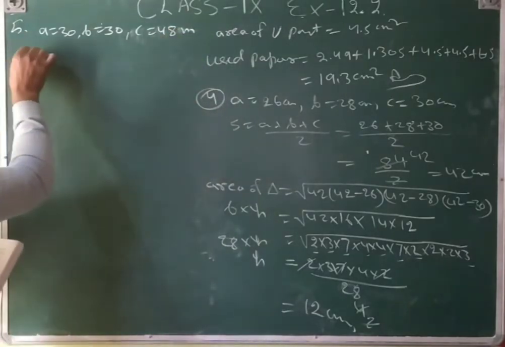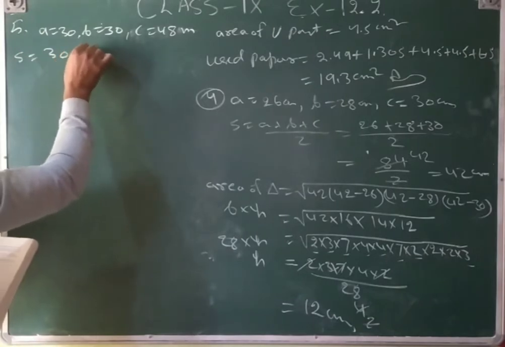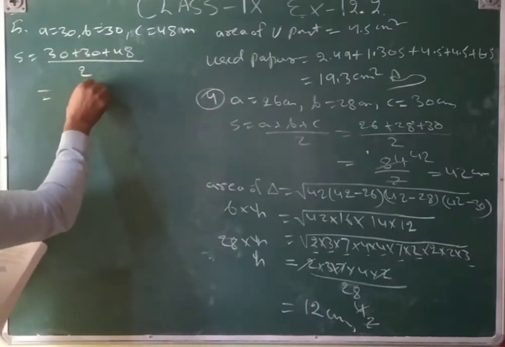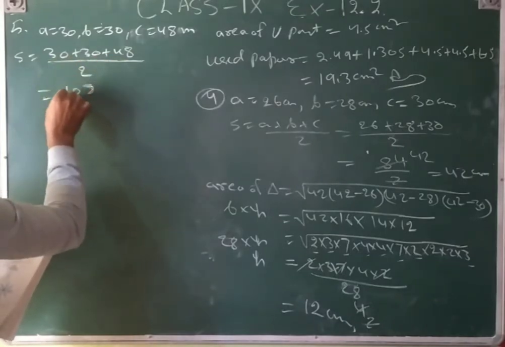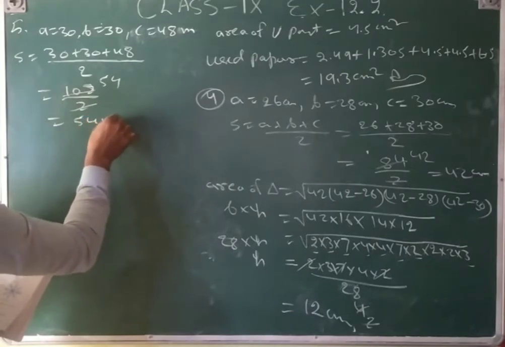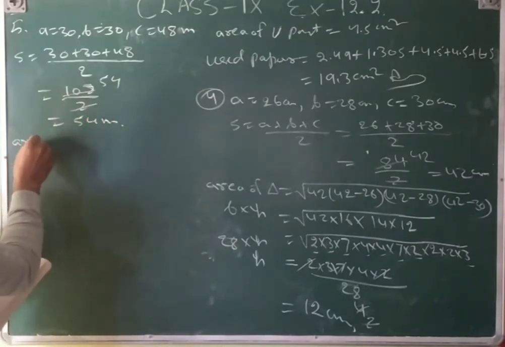Now S is equal to A plus B plus C upon 2. So 30 plus 30 plus 48, that is 108, half is 54 meter. Now area.